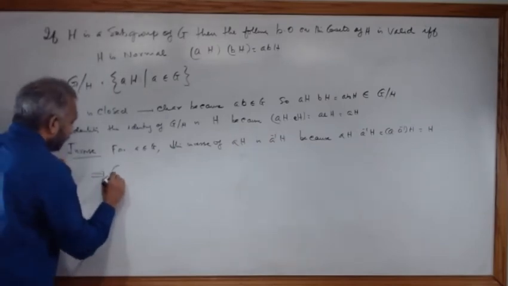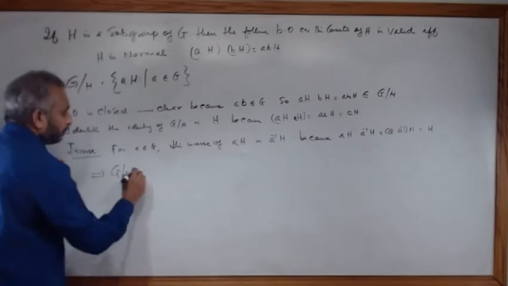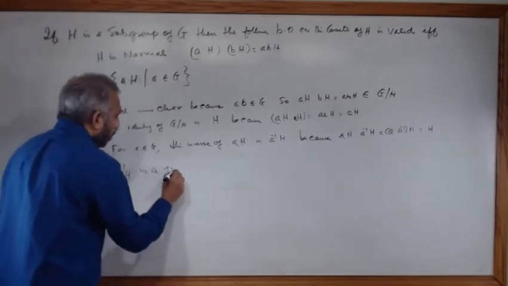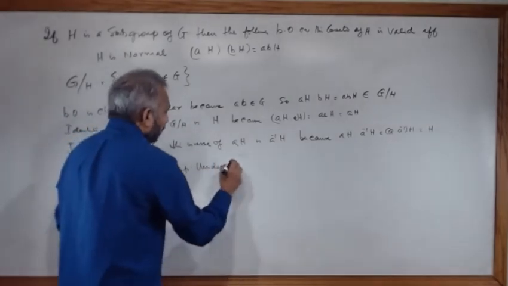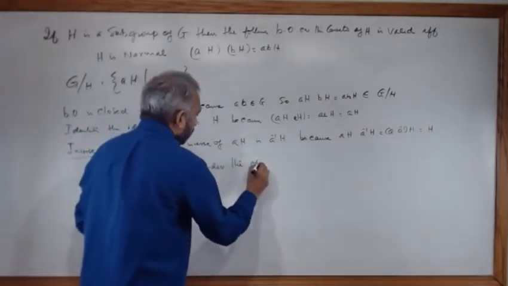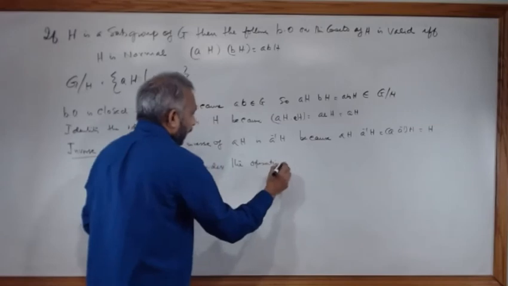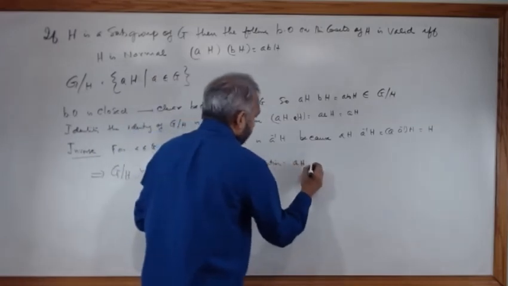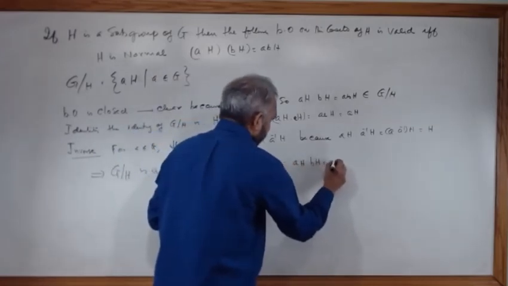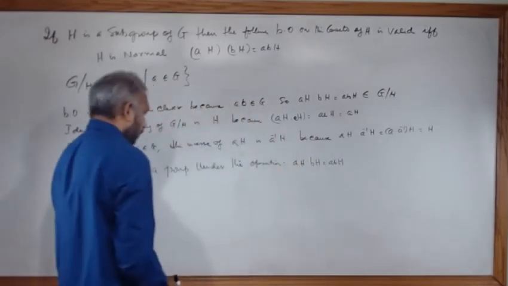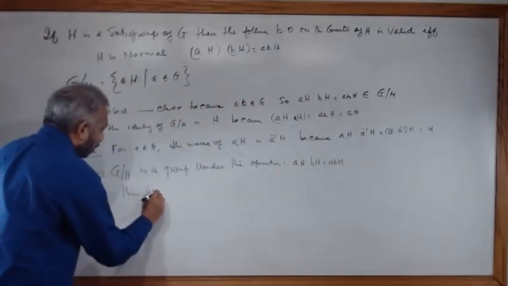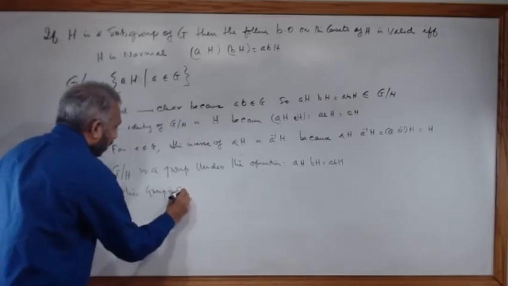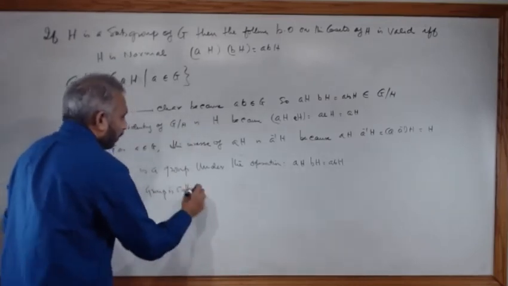That means G over H is a group under the operation AH times BH equal to ABH. And this group is called a factor group.